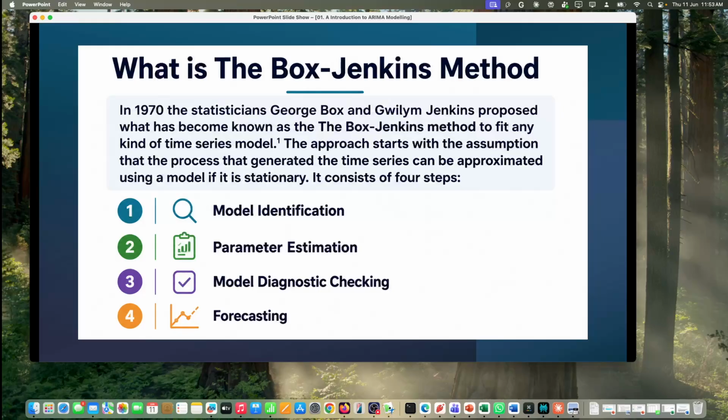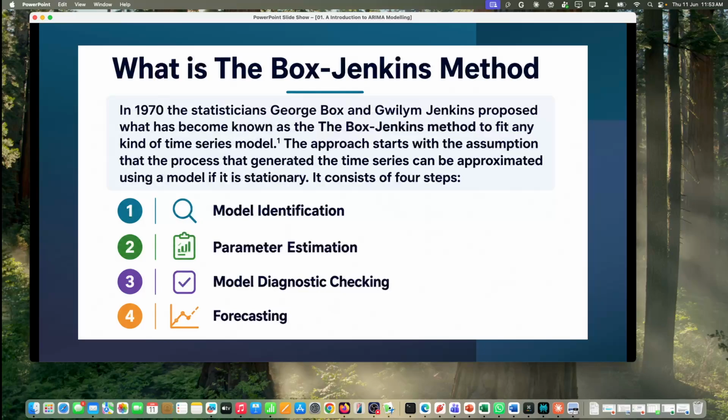The first step of the Box-Jenkins method is model identification. How do you model the PDQ in an ARIMA model? What is the P order of the AR model, the Q order of the MA model, and the D differencing? Then we have to estimate the parameters, that is, the coefficients phi and theta, which is very important.